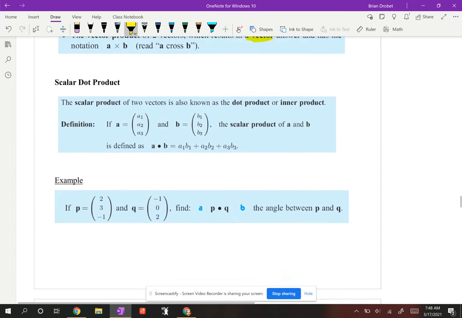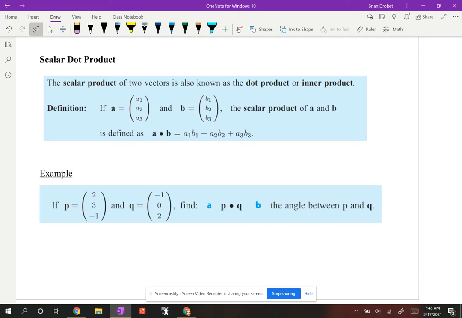So let's define it now. The scalar product is more commonly known as the dot product, occasionally called the inner product, but generally we'll just refer to it as the dot product. I've got it defined in 3 dimensions, but it works in any dimensions, 2 or 3.